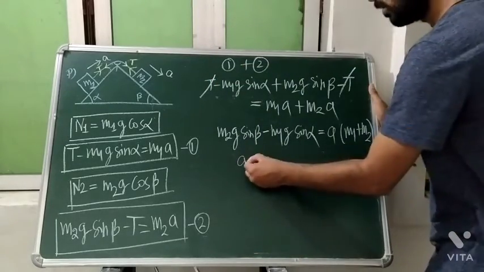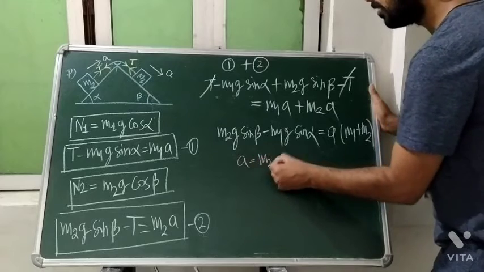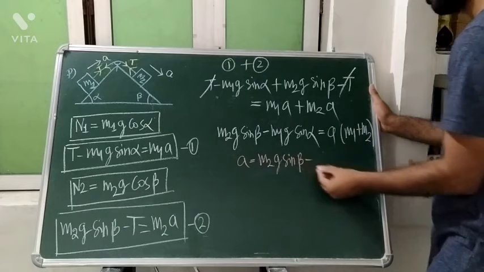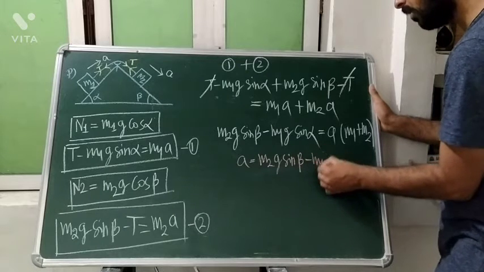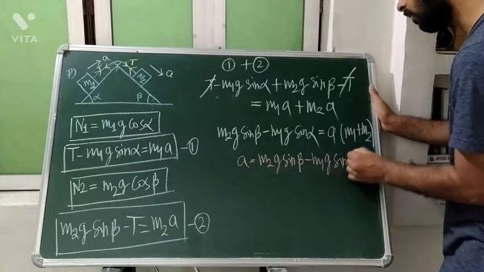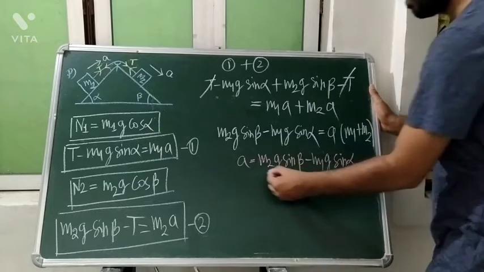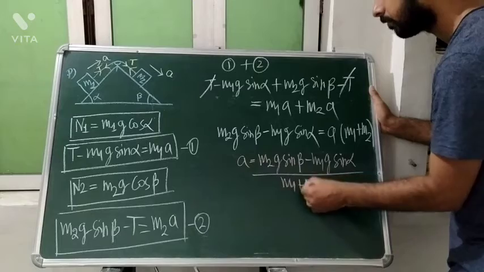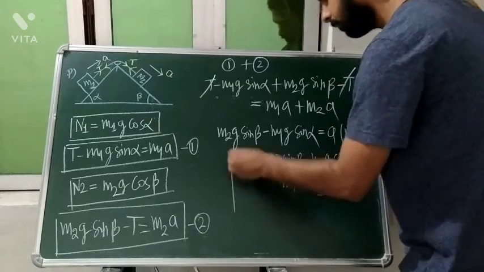A will be equal to what, student? M2G sin beta minus M1G sin alpha, divided by M1 plus M2.